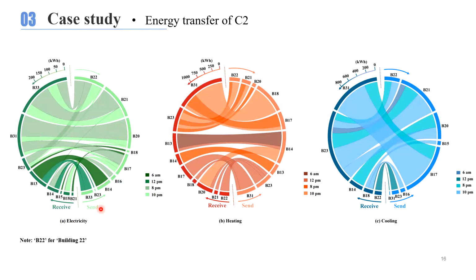In figure A, the electricity transfer mainly happens at 8 p.m. and 10 p.m. when the electricity demand of offices drops, but the demand of hotels and shopping malls is still at a high value.